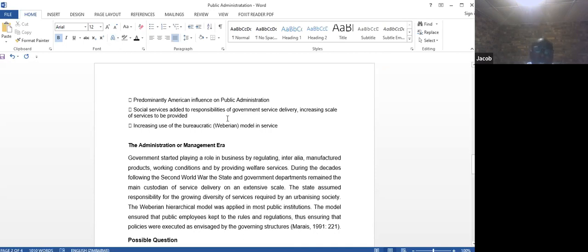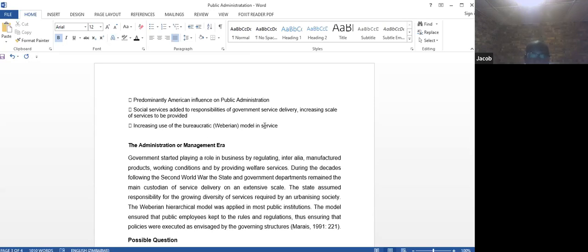Like I said before, you can see here, it's the increased use of the bureaucratic, which is the Weberian model. They wanted to bring back the Weberian model, that the government has the mandate to make decisions on behalf of the public, even though some of the people making decisions are unelected officials. Then the last stage spills into the current stage of public administration.